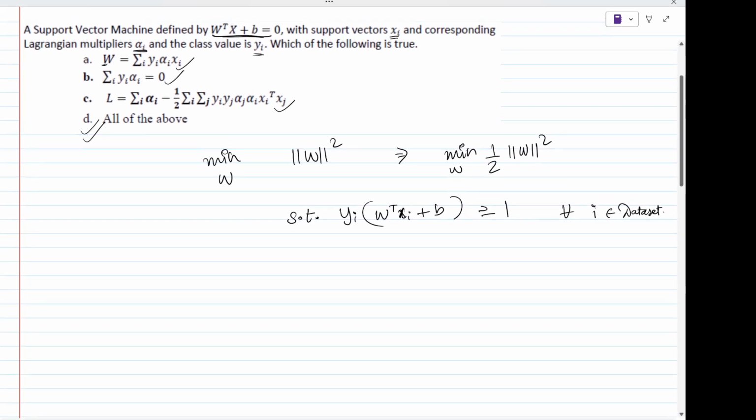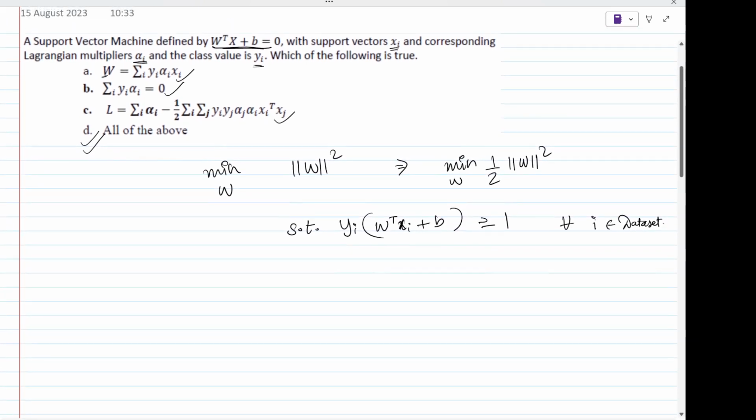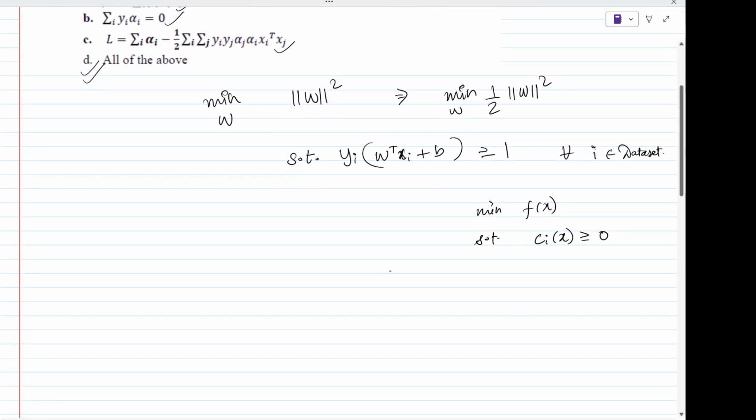When you have this kind of constrained optimization problem where you have to minimize some function f of x subject to some ci of x greater than 0, then you find the Lagrangian, which is f of x minus the summation of alpha i ci of x, where alpha is greater than or equal to 0.